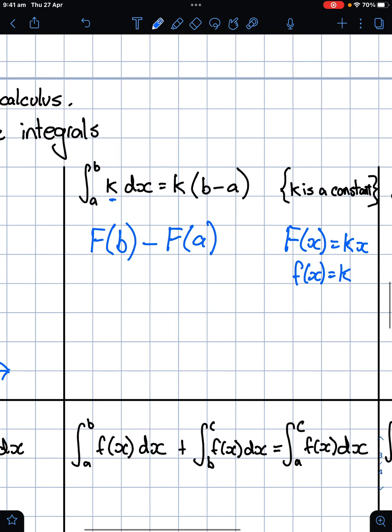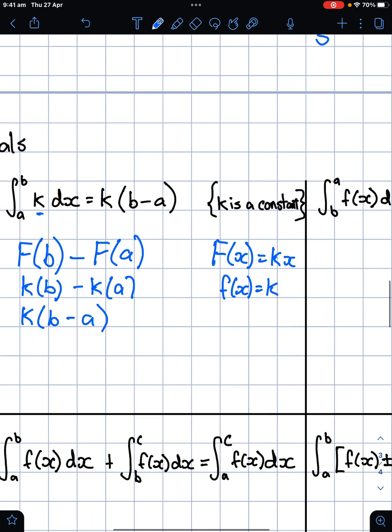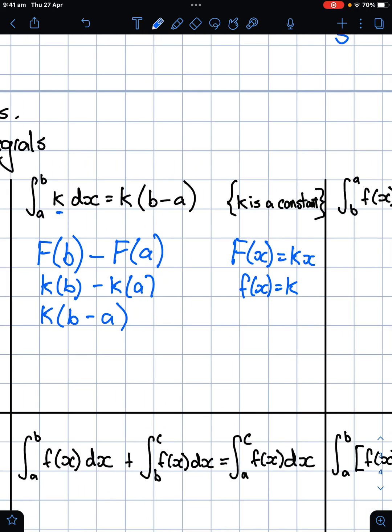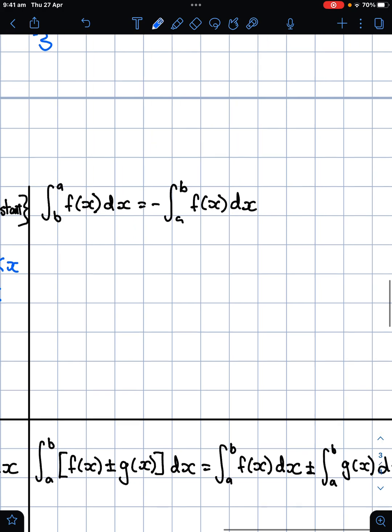In this space here, we're going to have k times b minus k times a. We can take out the common factor of the constant and have it like this, which is pretty handy. So that form makes it easier to take that area.